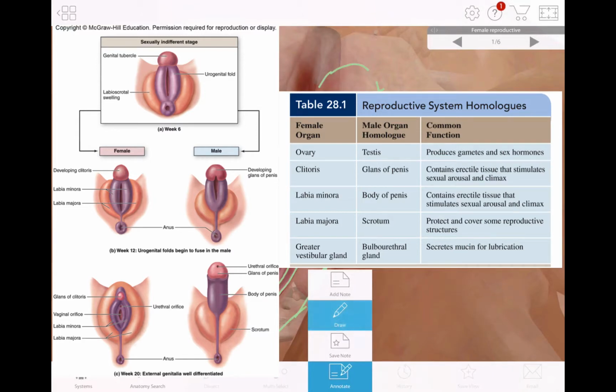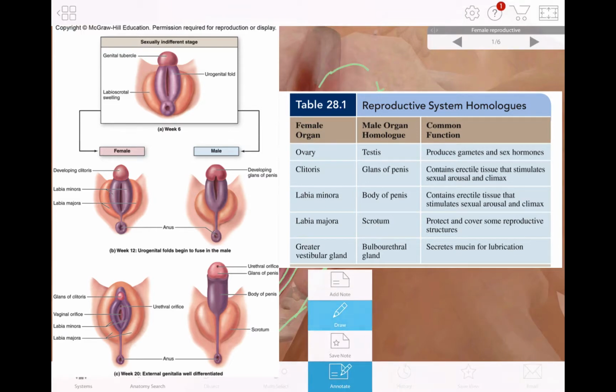The labia minora is actually erectile tissue, and that stimulates sexual arousal and climax, and that's analogous to the body of the penis. The labia majora is involved in protecting and covering reproductive structures, so it's analogous to the scrotum. What I mean by analogous is these are all coming from the same developmental position, and then they turn into different things depending on if you have an X or Y chromosome.